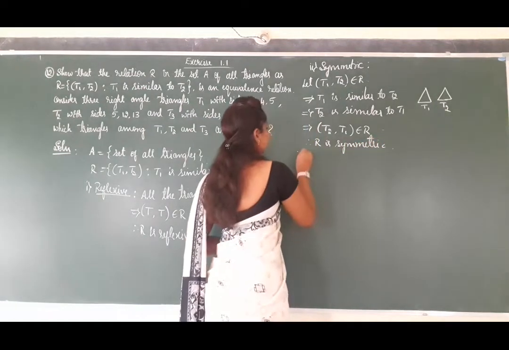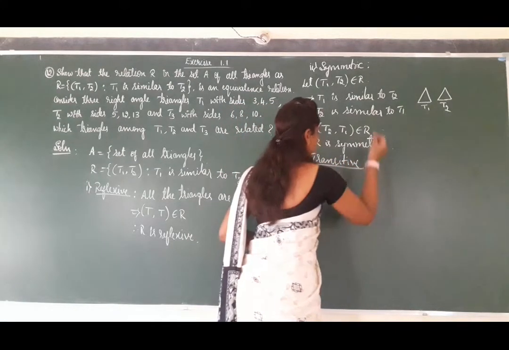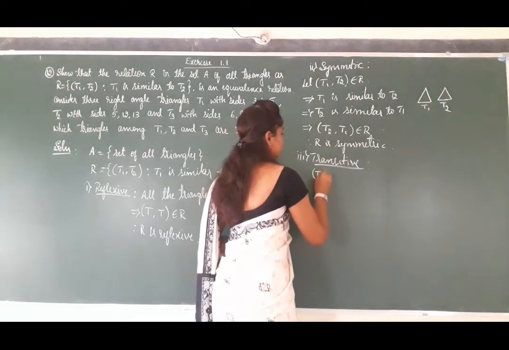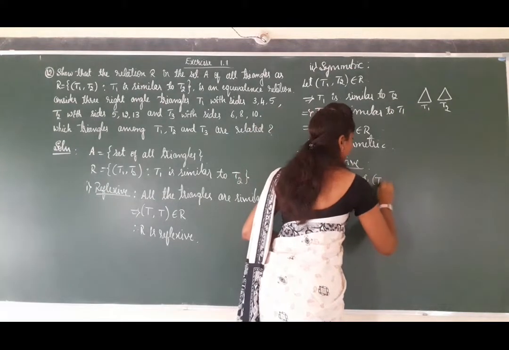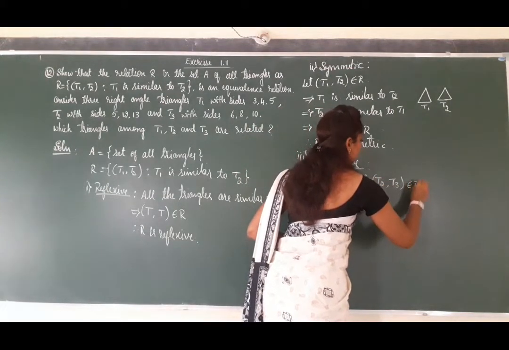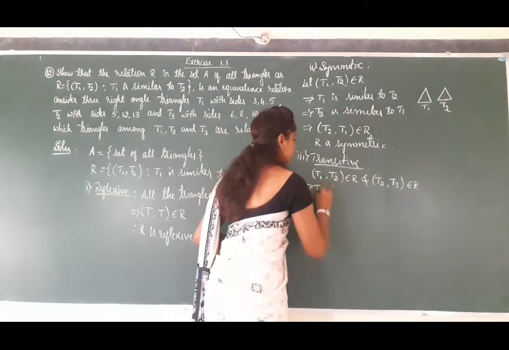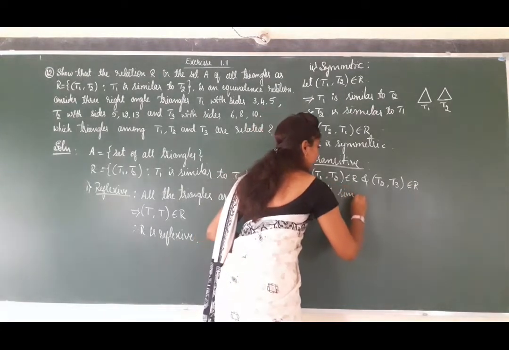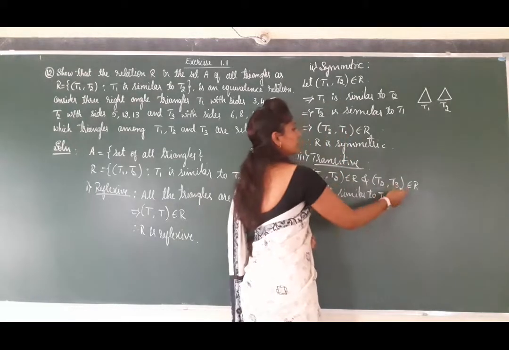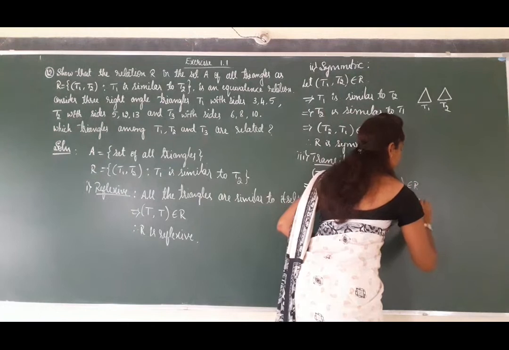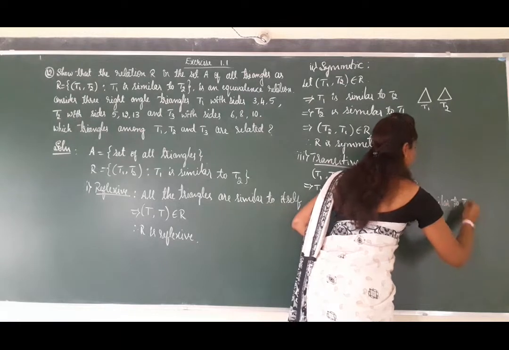And the third one is transitive. I will take two ordered pairs, (T1, T2) belonging to R and (T2, T3) belonging to R. This implies T1 is similar to T2 and T2 is similar to T3.